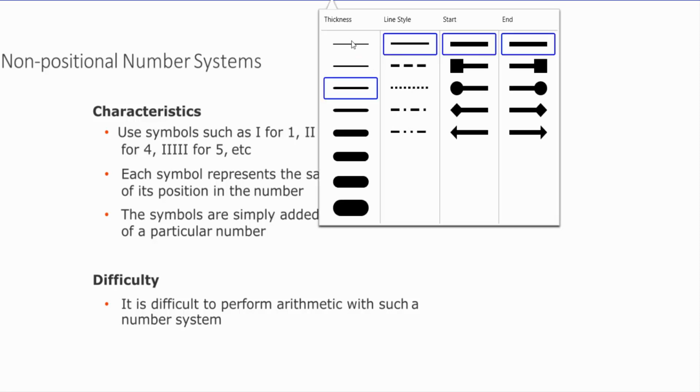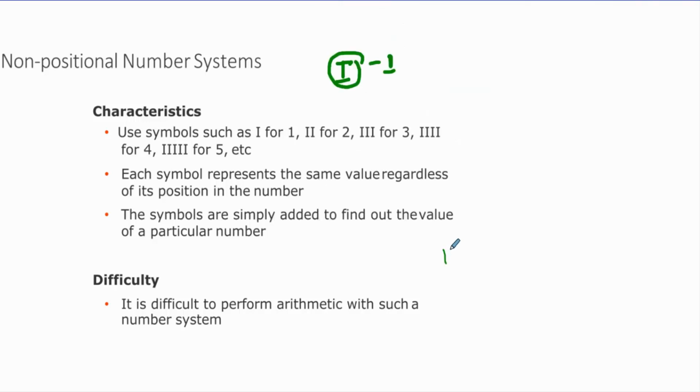At the same time if I want to write 2, I can write two lines. If I want many more, I can write 3, 4, 5, 6, 7. If you count all these, the total count of these vertical lines is nothing but 7, correct?